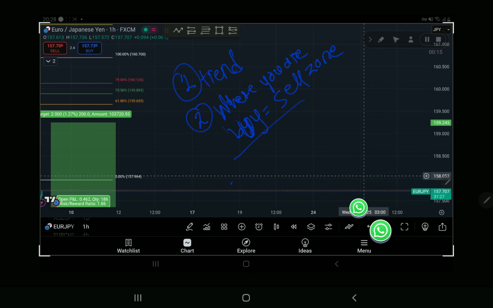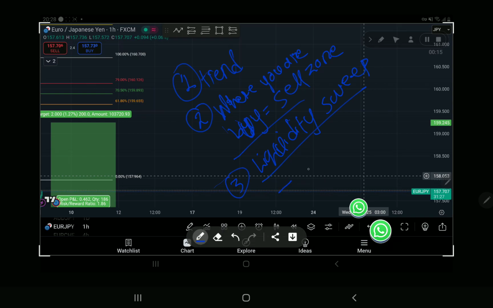Then number three, you want to look out for a shift in market, let me call it a liquidity sweep. Or if you can't call it a liquidity sweep, just look at where a particular area was taken out, either a support or a resistance.